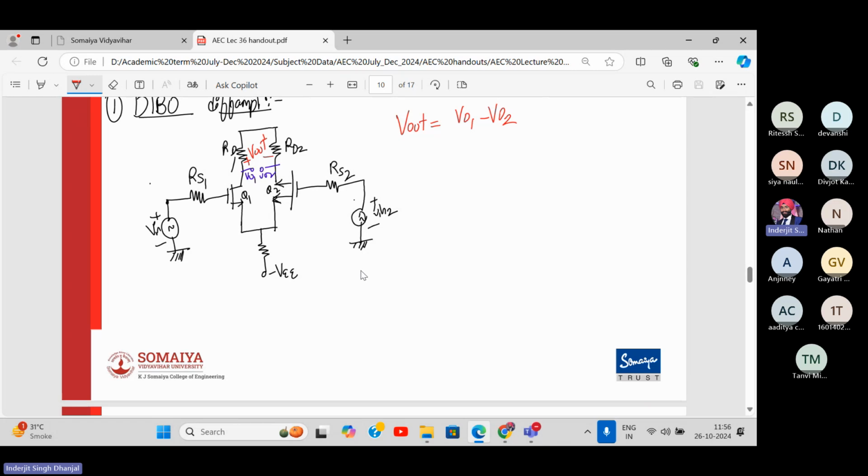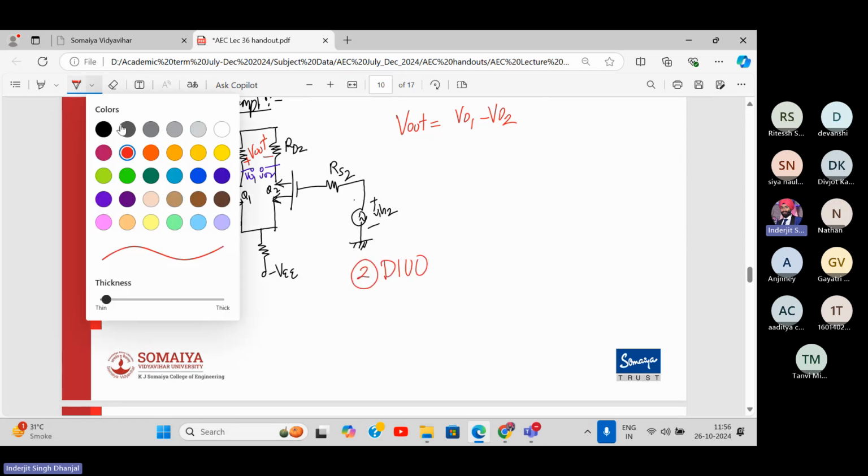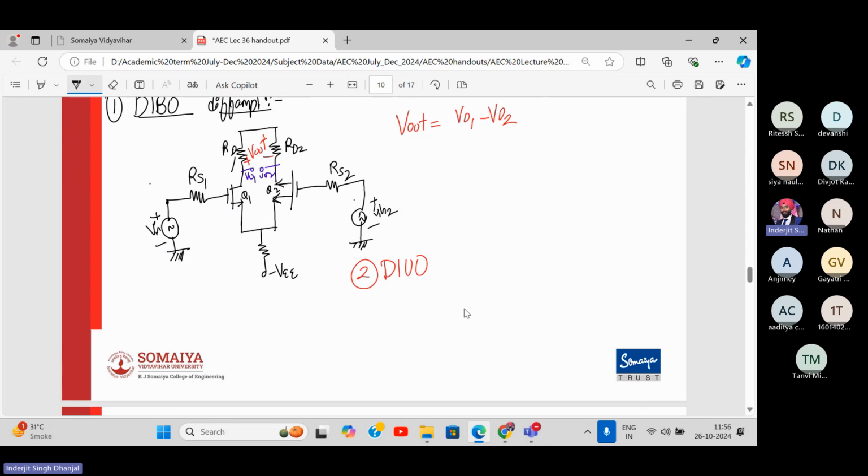Okay, so configuration number 2, DIUO. It will be entirely the same thing only. What will be the difference? Anyone can tell me? What is the difference? So this should go to plus VCC.